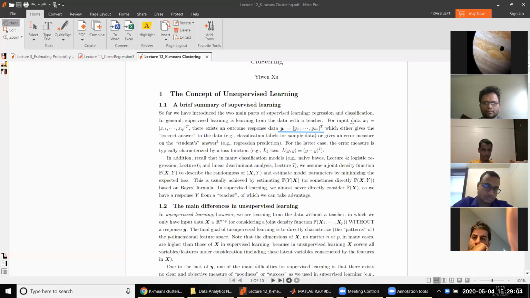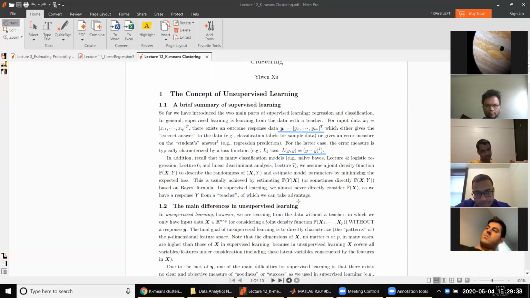For example, the y value of this data equals 1.2, and using your regression model, you estimate it to be 1. So what is the error? The error is 0.2. And then you can use, let's say, the expected loss, the loss function. The most common loss function is the L2 loss, right? Which is here. You can use this kind of method to measure the error. This is how you learn from a teacher.